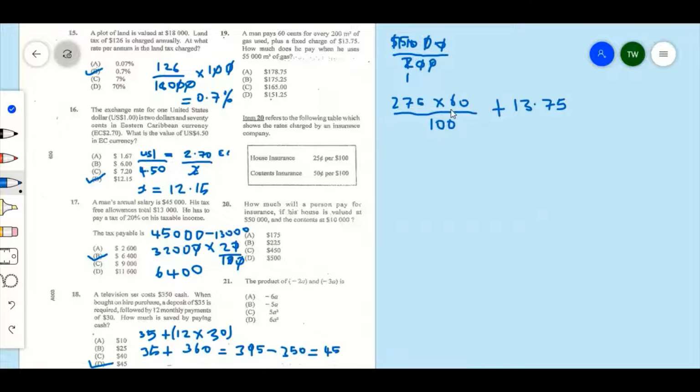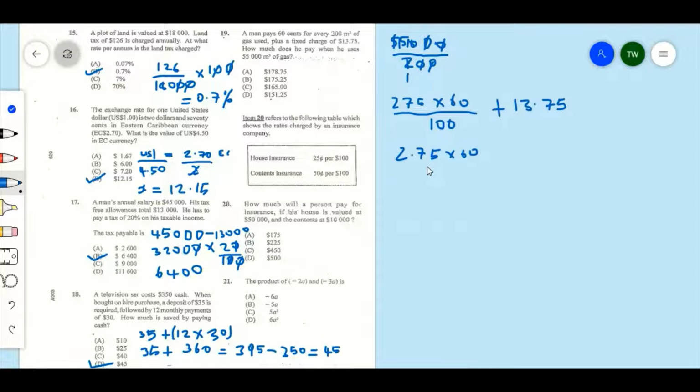So here, what we have is that 275 divided by 100 is just the same thing as 2.75 times 60, right?